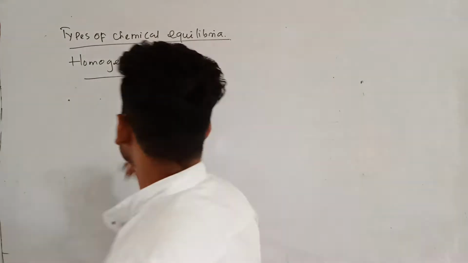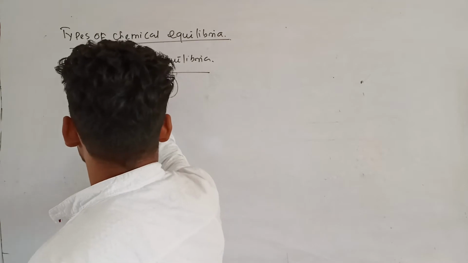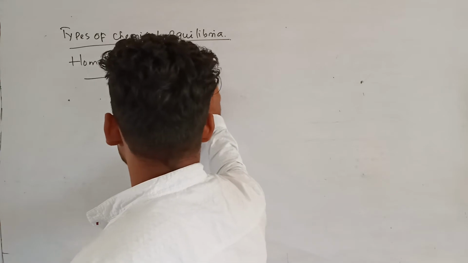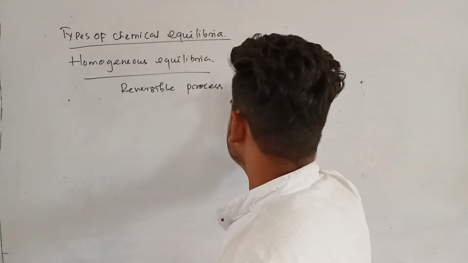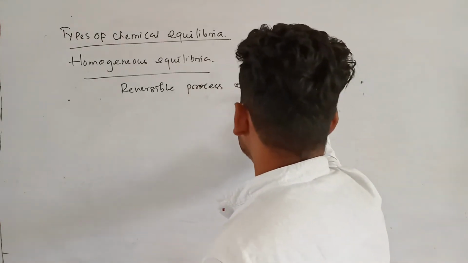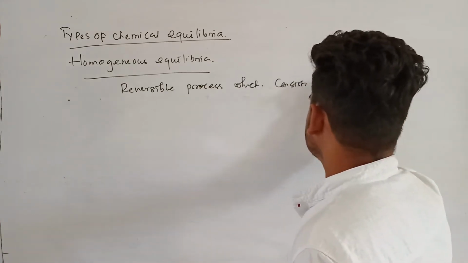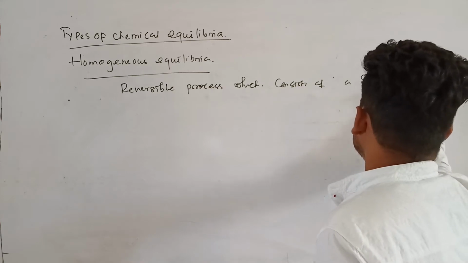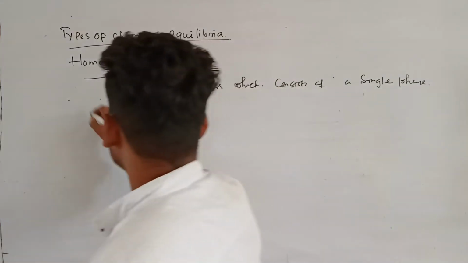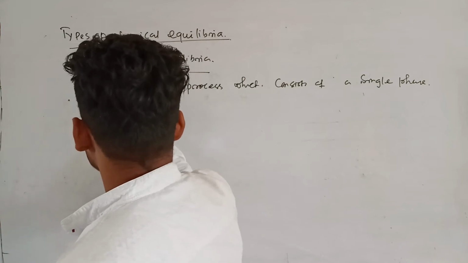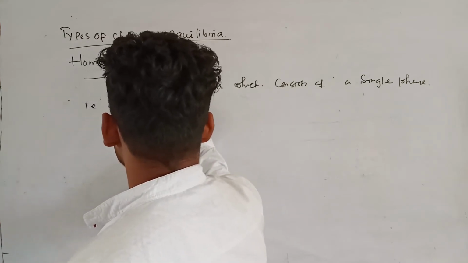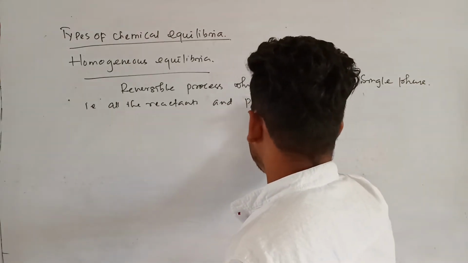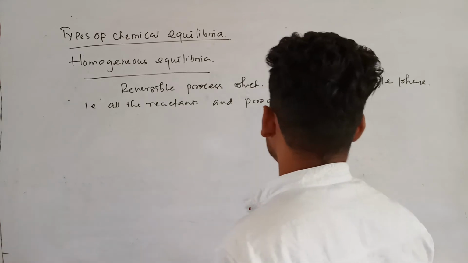For example, homogeneous equilibrium means a reversible process which consists of a single phase, that is, all the reactants and products are in the same phase.